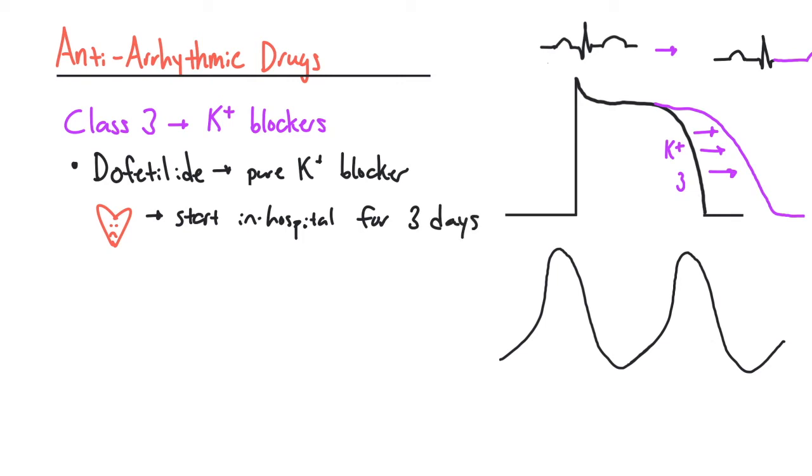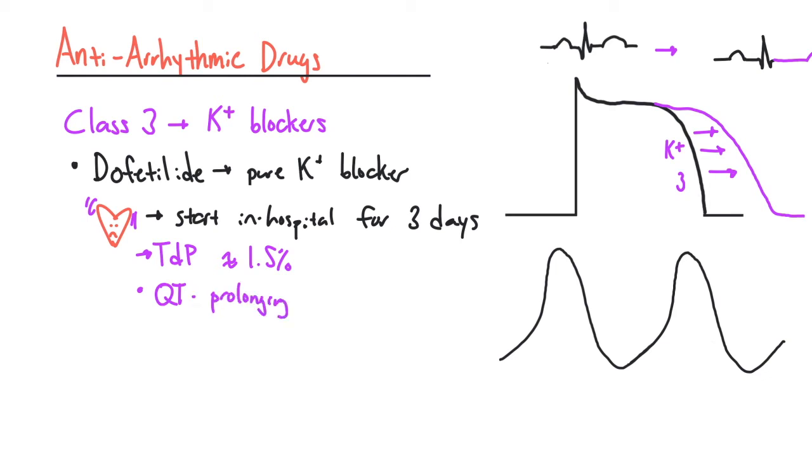But even in patients that are started on dofetilide in this way, the rate of torsades de pointes, this fatal arrhythmia, is about 1.5%. So the one main thing to really remember about dofetilide is it does have a fairly high rate of this fatal arrhythmia. This is due to the idea that it is very QT prolonging.